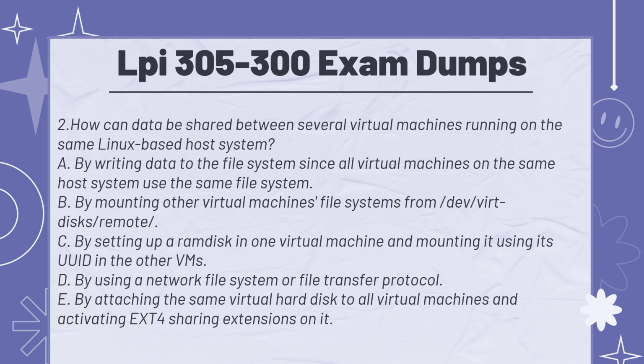C. By setting up a RAM disk in one virtual machine and mounting it using its UUID in the other VMs. D. By using a network file system or file transfer protocol. E. By attaching the same virtual hard disk to all virtual machines and activating ext4 sharing extensions on it.